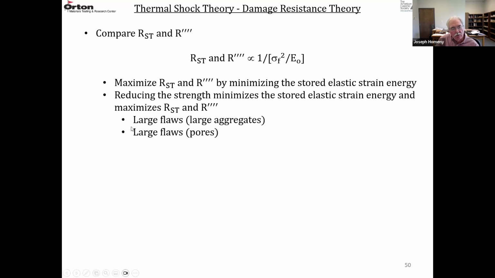And reducing the strength, well, you have a couple choices. Create larger flaws. So you introduce larger aggregates. You can also introduce porosity. So aggregates and pores are basically the flaws in refractories.